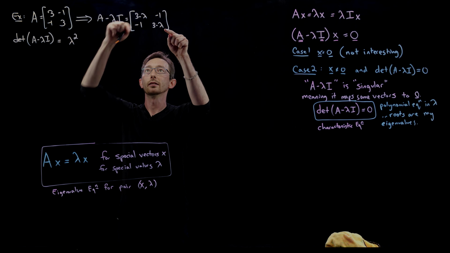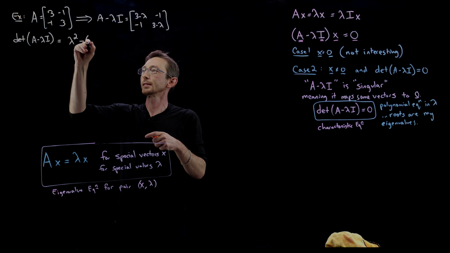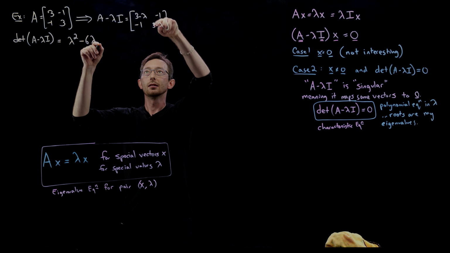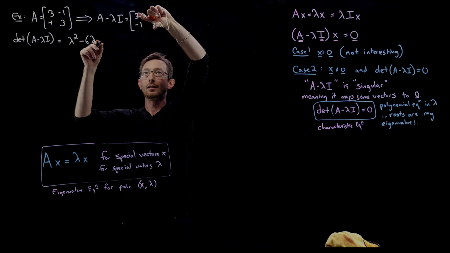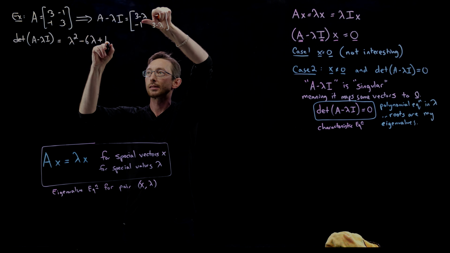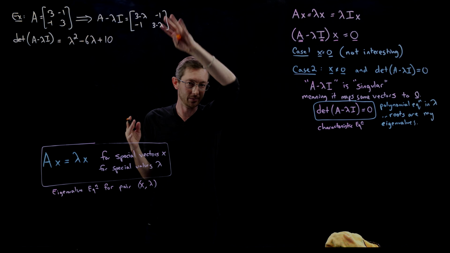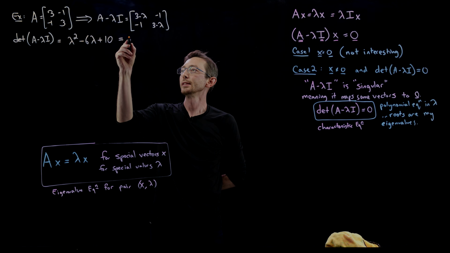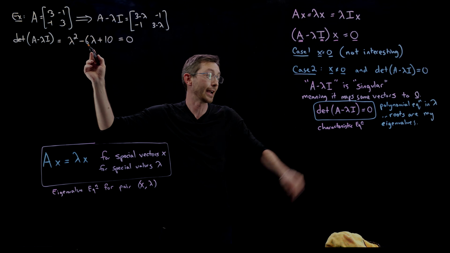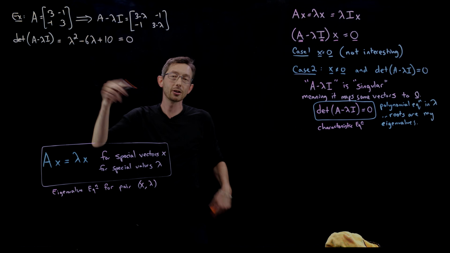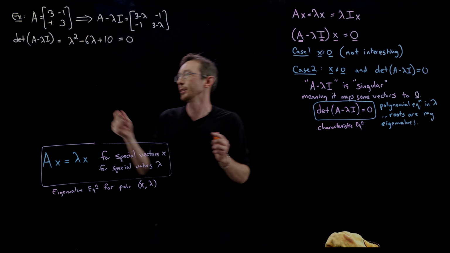So this is lambda squared minus 6 lambda plus 9 plus another 1, so plus 10. Just slow down and confirm that that's true. And this has to equal 0 for my eigenvalues. And so now you see that this is actually just a simple polynomial equation.